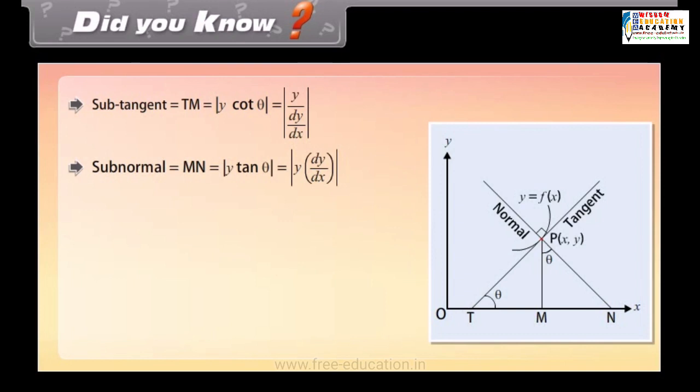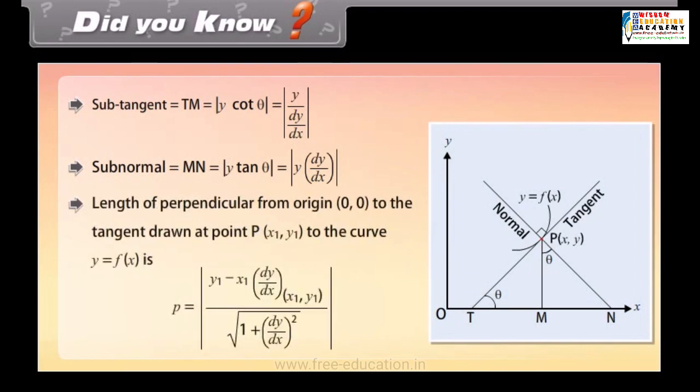Length of perpendicular from origin (0, 0) to the tangent drawn at point P(x1, y1) to the curve y = f(x) is p = |y1 - x1 (dy/dx) at (x1, y1)| divided by √(1 + (dy/dx)²).